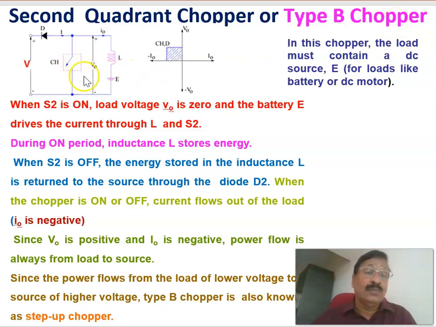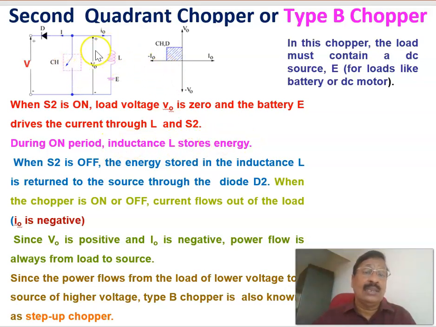Depending upon the position of the switch, when S2 is on, the load voltage V0 is equal to 0, and the battery voltage E drives a current through L and S2, through this path. During the on period, the inductance L stores energy.